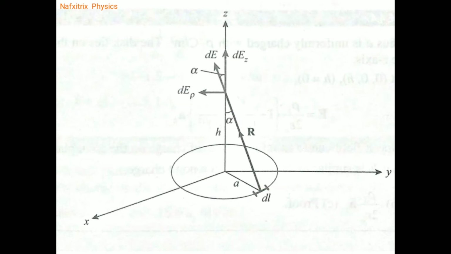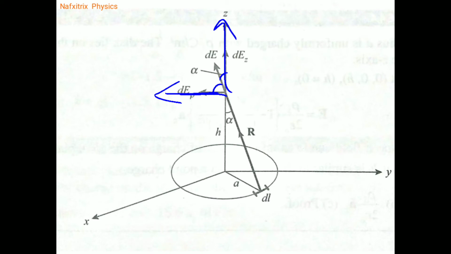This is along the xy plane and this is along the z axis. The xy plane is always perpendicular to the z axis, that is, the z axis is perpendicular to the xy plane. So this component is the xy component and this is the z component.